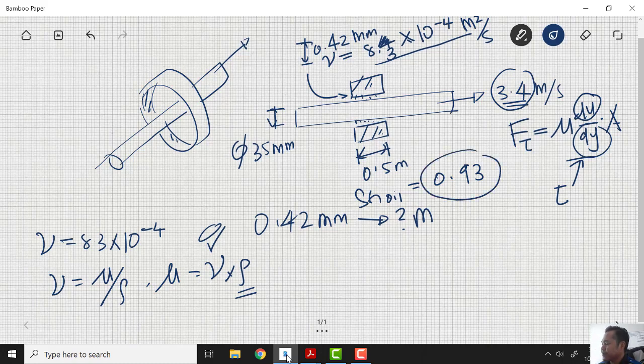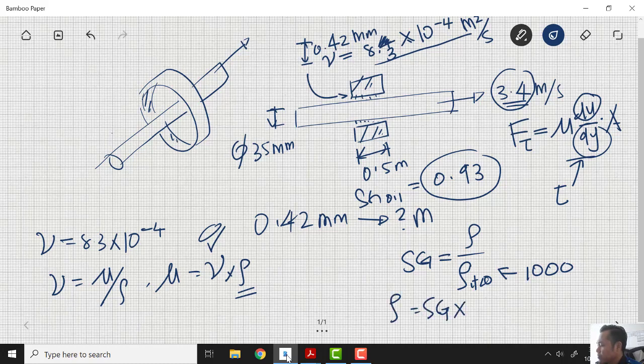Sg is equal to rho over rho H2O. Rho H2O is always 1000, so let's remember 1000. To find rho, rho is equal to Sg times rho H2O. So the rho is 930 kilogram over meter cubic.